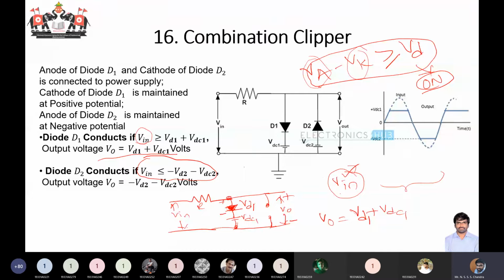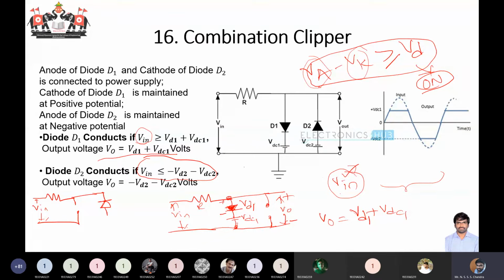Similarly, when the diode D2 is conducting, this circuit will become as follows. When the diode D2 is conducting, D1 will be off. This is an open branch, and then you have diode D2.